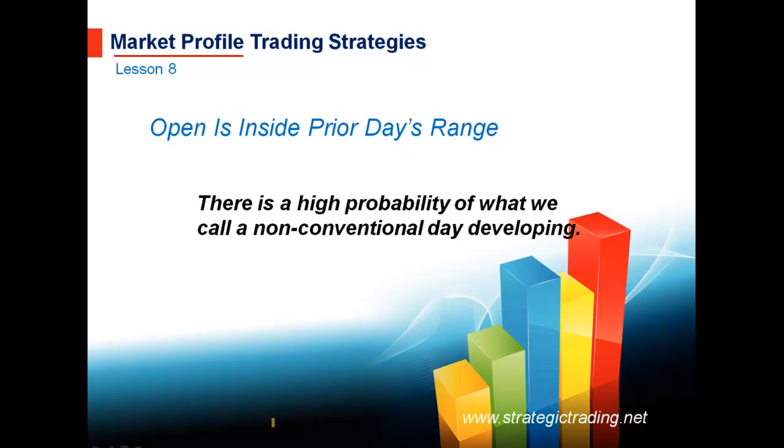If the open is inside the prior day's range, then there is a high probability of a non-conventional day developing. I'm going to talk a lot more about non-conventional days and different types of days, but for now, suffice to know that this is the type of day that an open inside the prior day's range indicates.